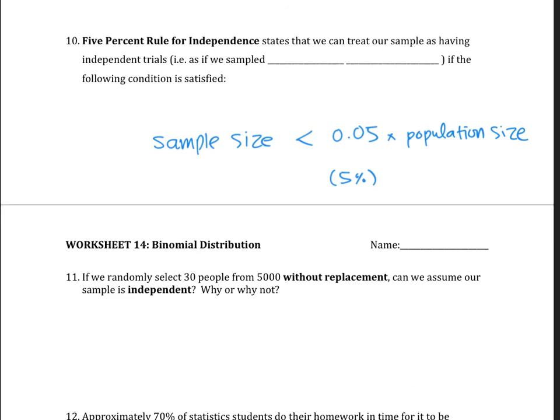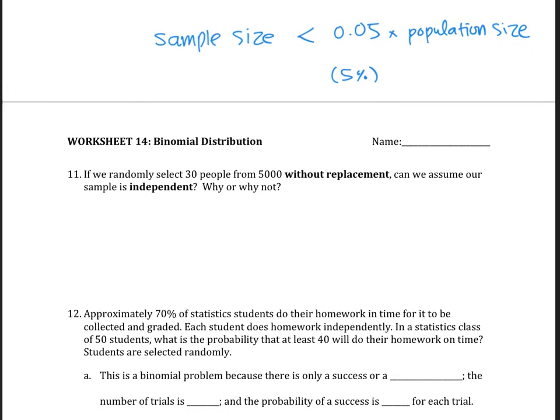So for the next question, if we randomly select 30 people from 5,000 without replacement, normally technically it's not independent, but because the sample size is pretty small compared to the population size, the sample size here is 30, and then 0.05 times 5,000 will be 250. Obviously 30 is less than 250, so we can consider it to be independent. So yes, because of this reason.